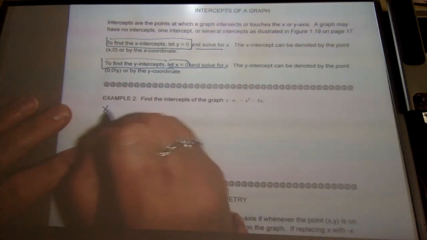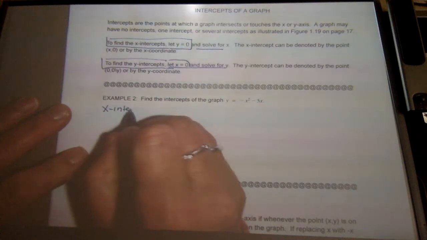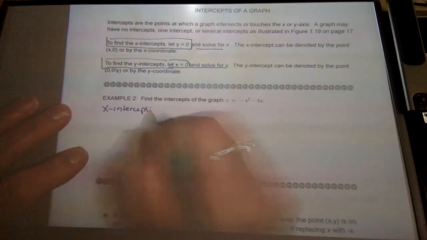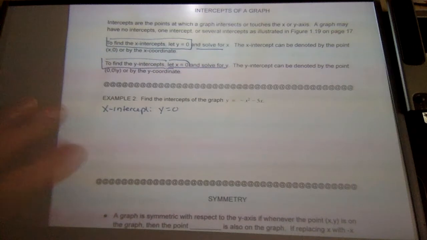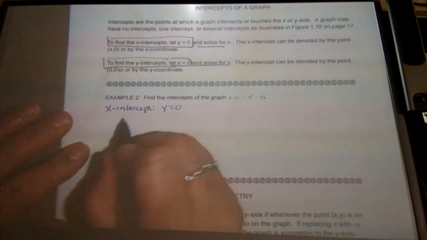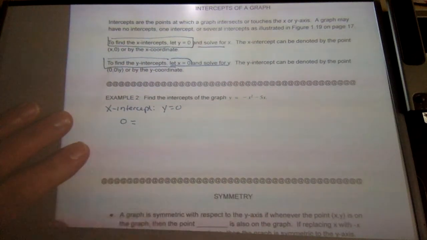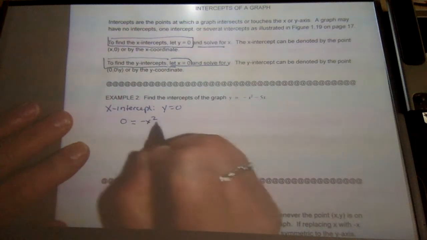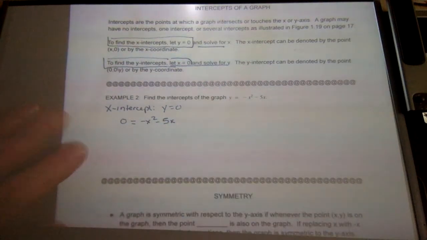So for the x-intercept, what do we do? Let y be 0. So we get 0 equals negative x squared minus 5x. How do I solve this problem? Factor out a negative x. It's an x squared function, so we have to factor.